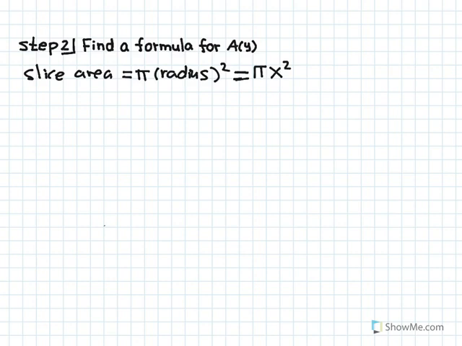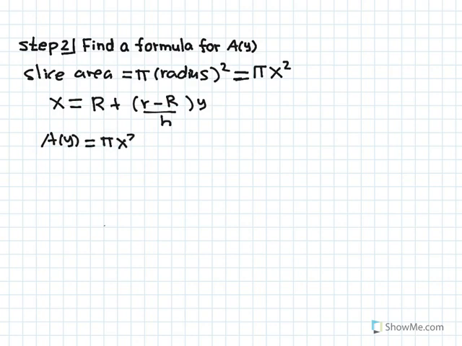So let's apply the equation of the line joining the bottom disk to the top disk. The equation of the line was solved before, and we isolated for x: x is equal to capital R plus little r minus capital R divided by h times y. The cross-sectional slice, A of y, is equal to pi x squared, which is equal to pi times the quantity capital R plus little r minus capital R over h times y, all squared.